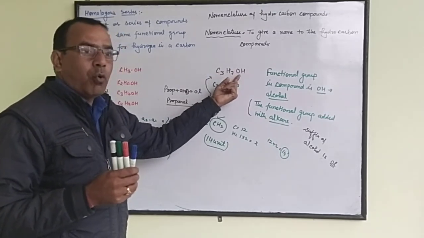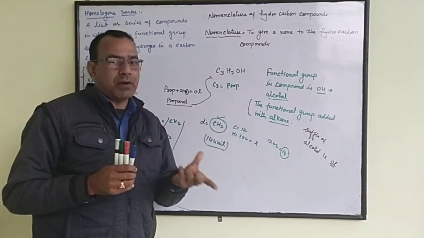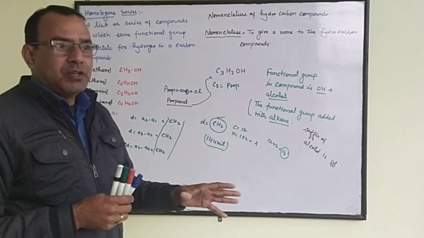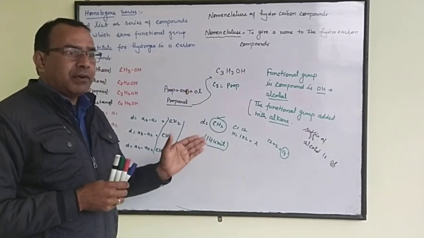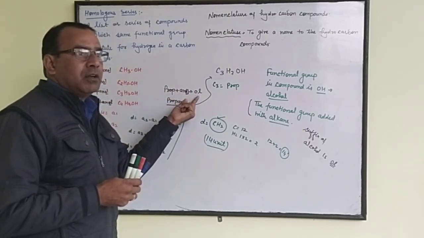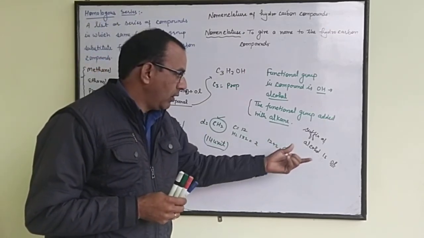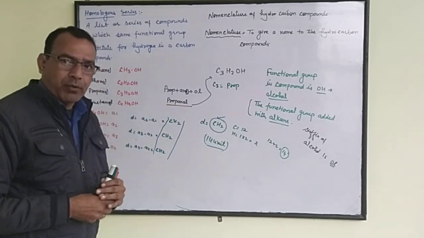This contains OH, meaning alcohol. Up to 10th class, the functional group is always added with alkane. So number of carbons plus ane, after deleting the E vowel, add the functional group suffix, such as for alcohol it is known as ol. So we can say that this is propanol. Clear?